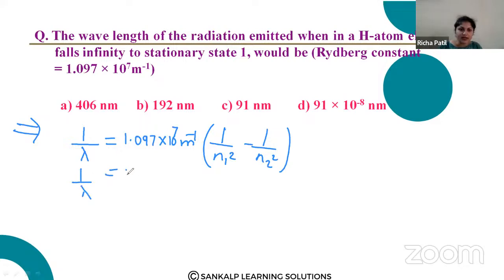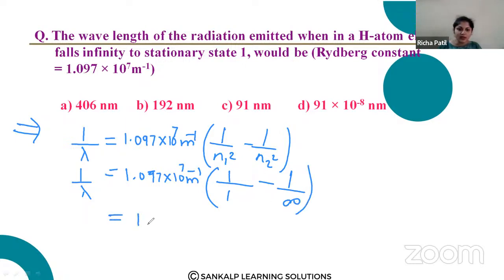The hydrogen atom electron falls from infinity to stationary state 1. So your n1 is 1. So n1 square, 1 square is 1, minus n2. It is falling from infinity, so n2 is infinity.